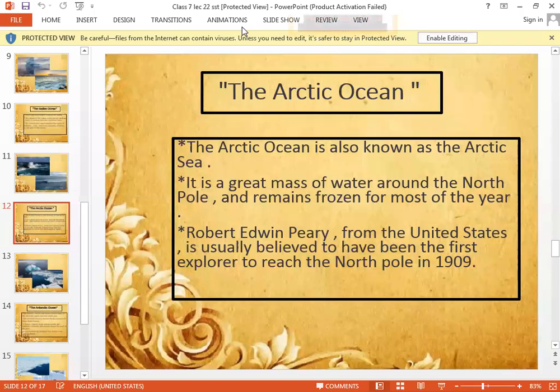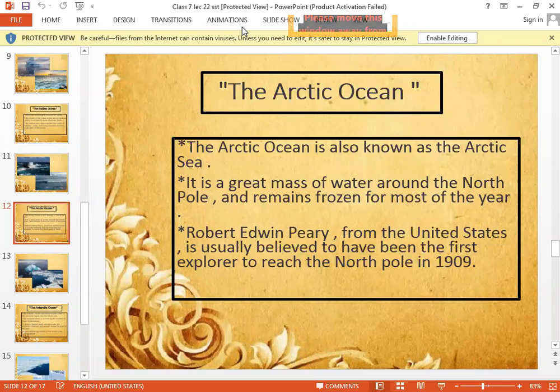This is a very interesting thing, and I have already shown you the picture of this ocean, and the answer is very easy. Yes, Sheroz, very good, because it remains frozen for most of the year. It remains frozen for most of the year. Very good.